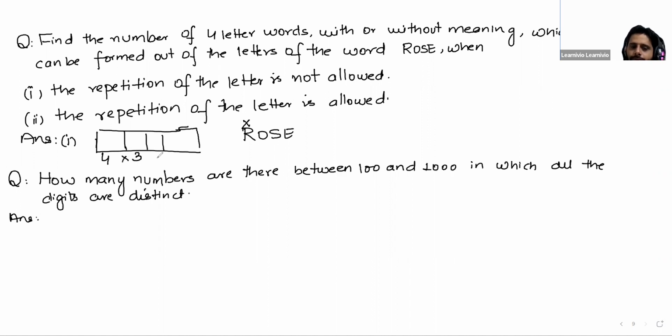Next block, 2. Next one, 1. So the total will be 4, 3, 12, 24. The first case was that repetition of the letter is not allowed. So the letters are not getting repeated. That's why we start decreasing the number one by one. Rishan, this is clear? Do you have any doubt in this?